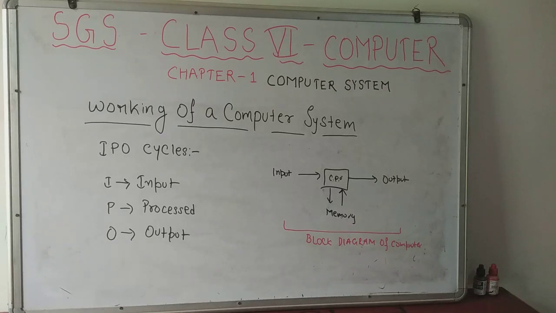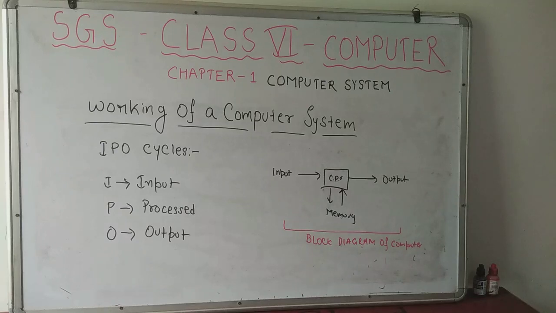It has the ability to accept data, process it and give useful output. This is the basic structure through which computer works, called IPO cycle. The right side part is the block diagram of computer, as you can see in the picture: first is input, second is process in CPU, and the next one is output.